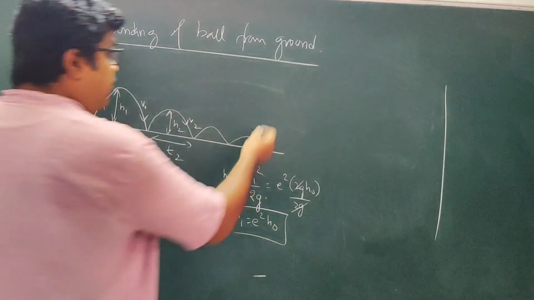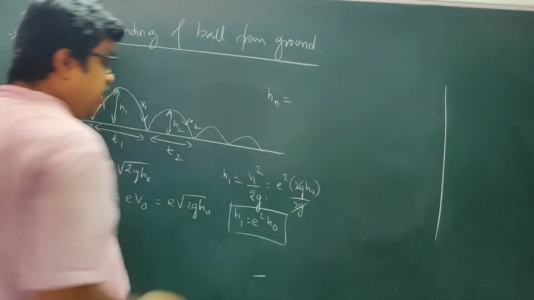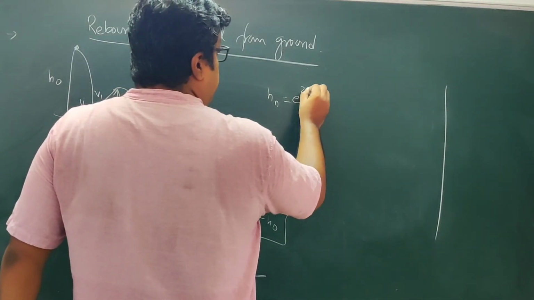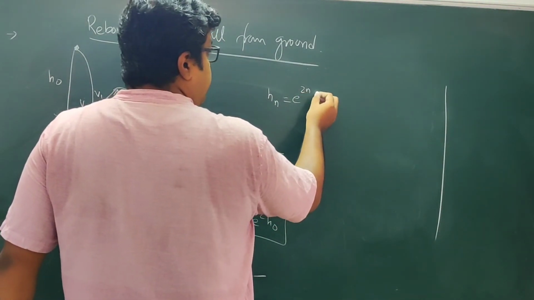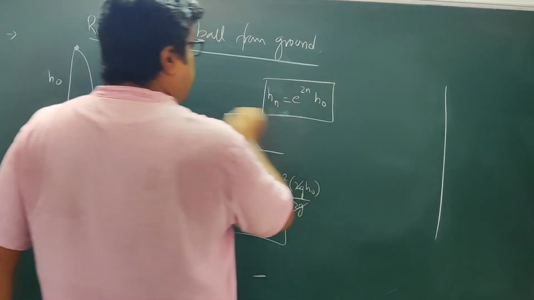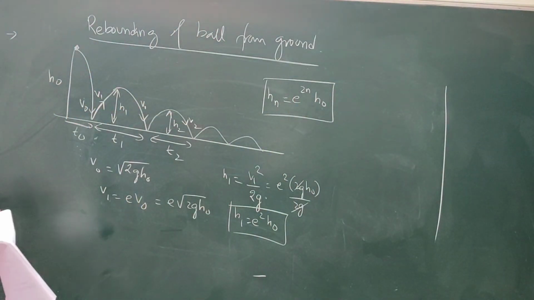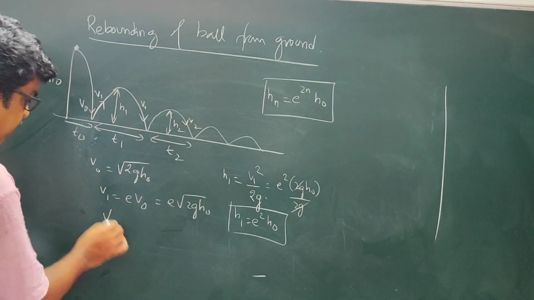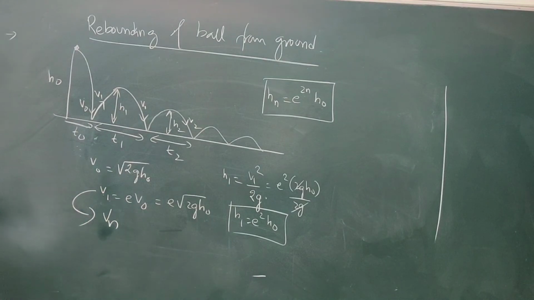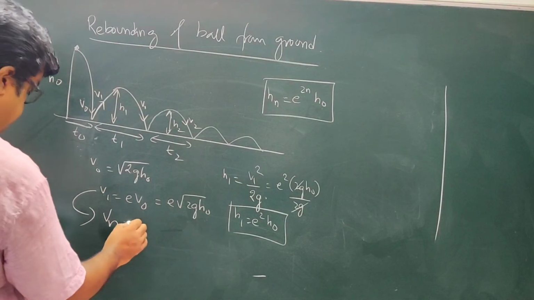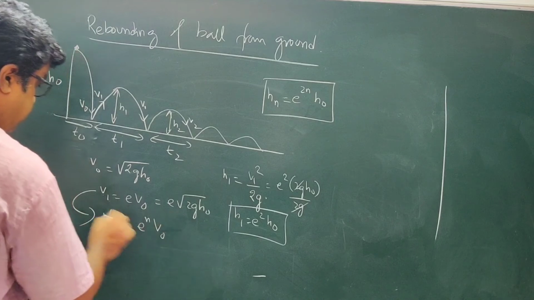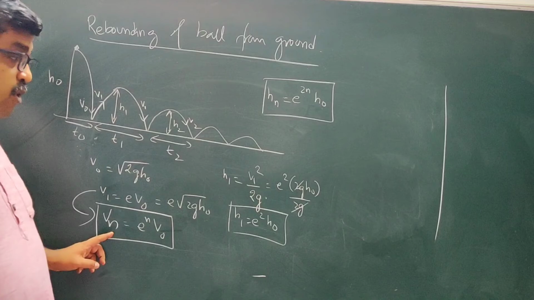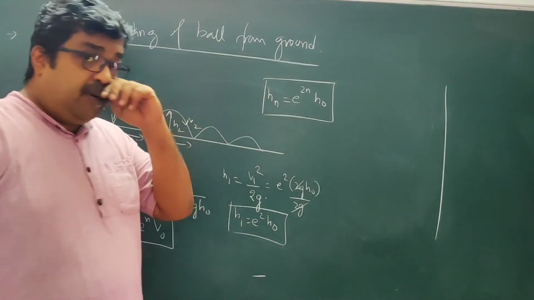In general, after the nth bounce, the height will be hn equal to e power 2n times h0, where n is the number of bounces. Similarly, the velocity after n bounces will be e power n v0. This is the velocity after n bounces, and this is the height acquired after n bounces.